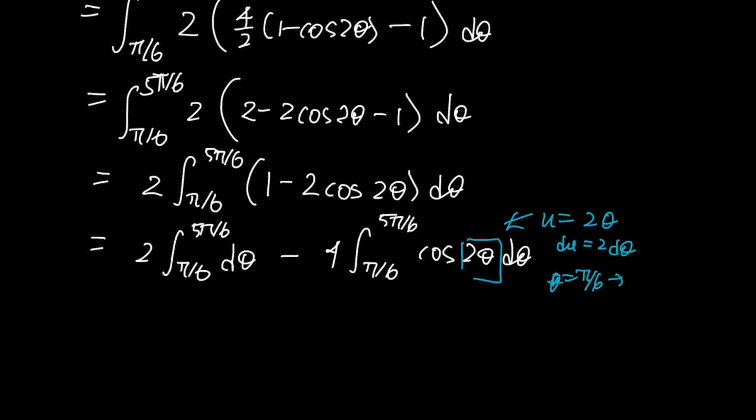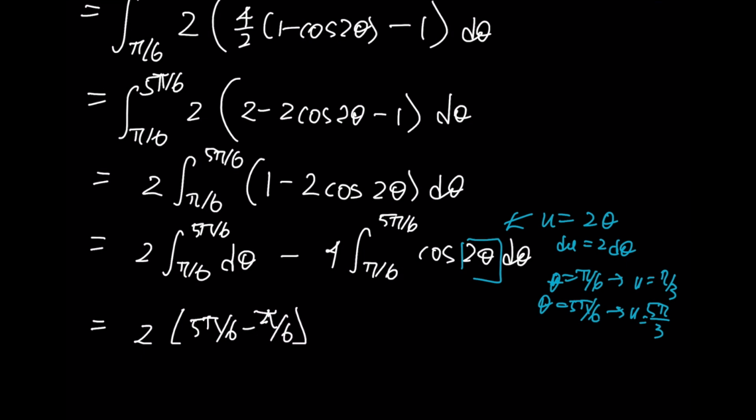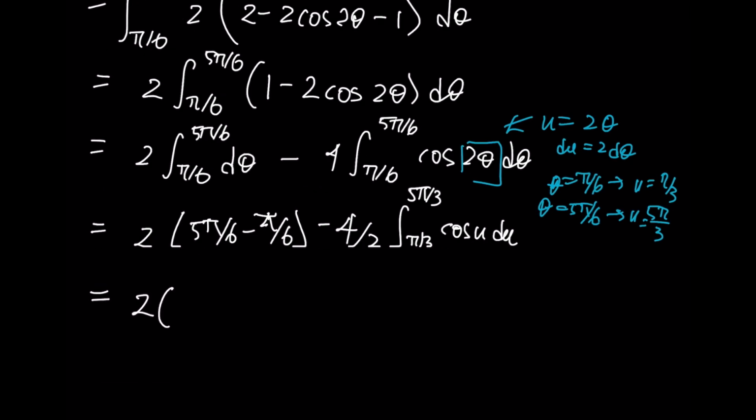When theta is pi over 6, u is pi over 3. When theta is 5 pi over 6, u is 5 pi over 3. This ends up giving me 5 pi over 6 minus pi over 6 in that first integral. Then 4 over 2, I'll now have the integral from pi over 3 to 5 pi over 3 of cosine of u du. This is going to be 2 times (4 pi over 6) minus 2.